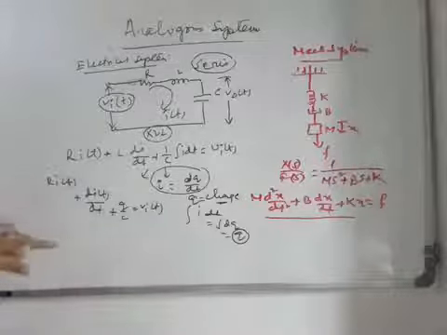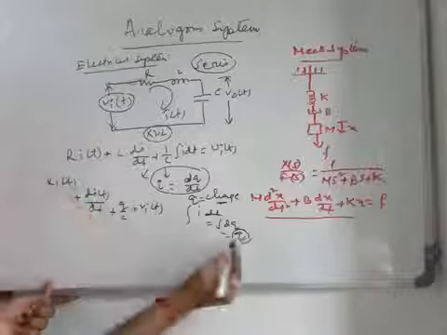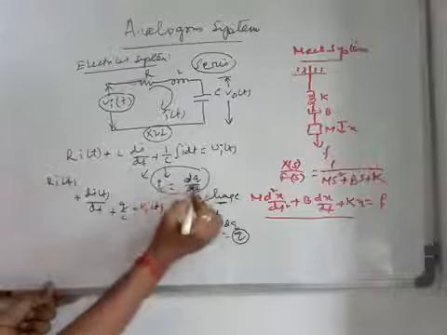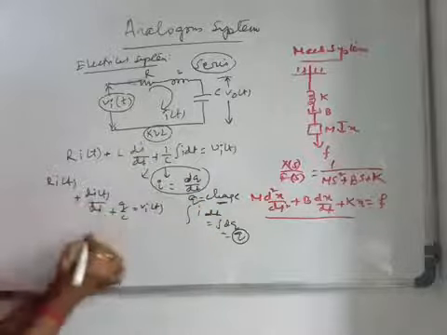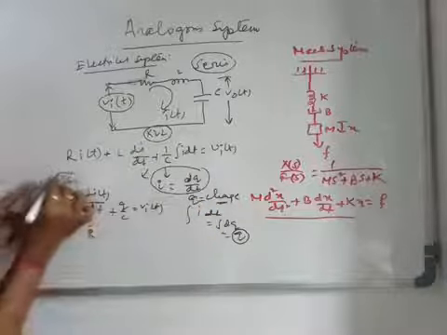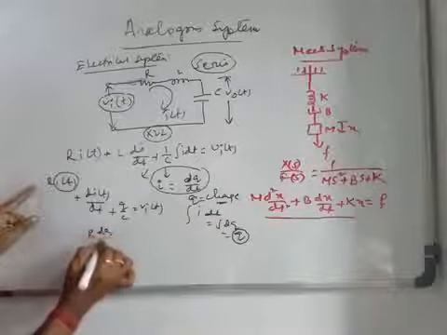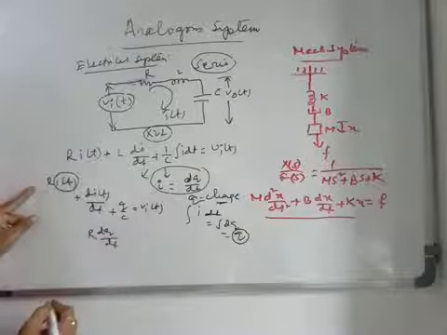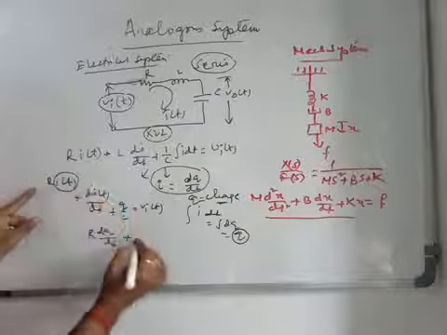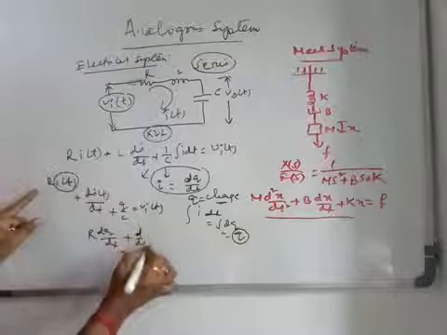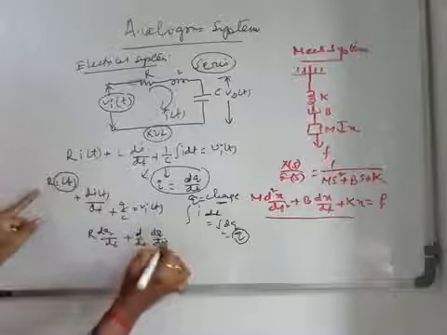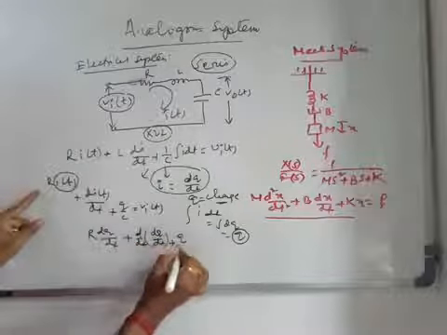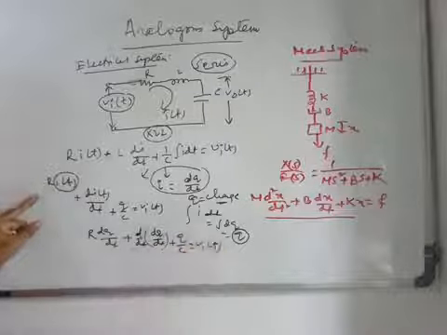So it will be replaced by dq/dt. You can rewrite this as R dq/dt plus L d/dt of dq/dt plus q/C is equal to v(t).